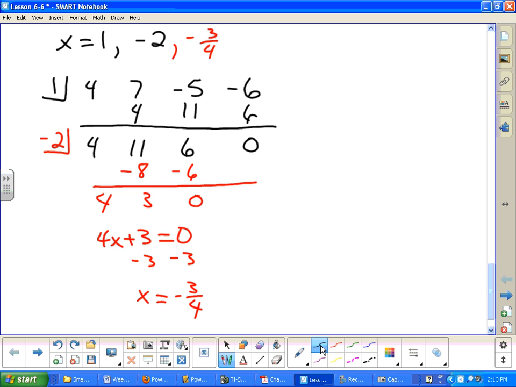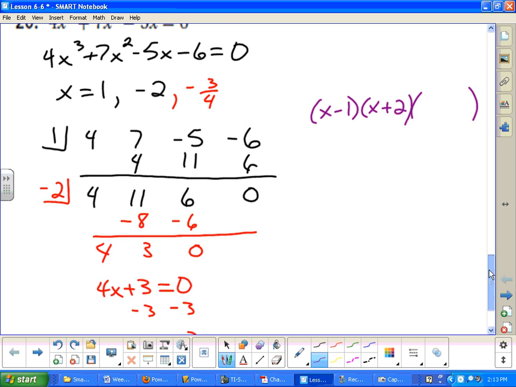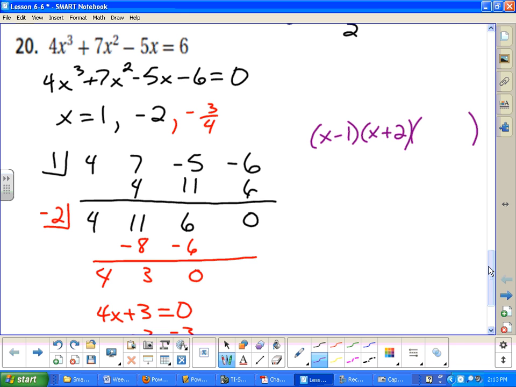Okay. Now we know that we would have x minus 1 and x plus 2, right? Okay. So it's a cubic function, isn't it? Which means then there is one more factor here. Well, what do I multiply x and x by to get 4x cubed?